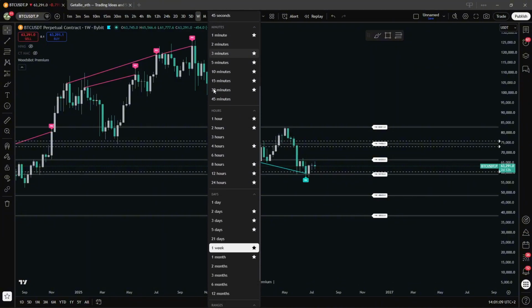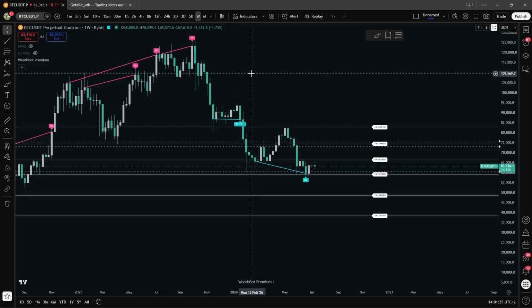The question is, which time frame do I use? To answer that question, it is really subjective. It mainly depends on your lifestyle. Do you want to trade on a daily basis, or do you want to swing trade and only trade once per week, or are you a macro trader who only wants to trade every couple of months?